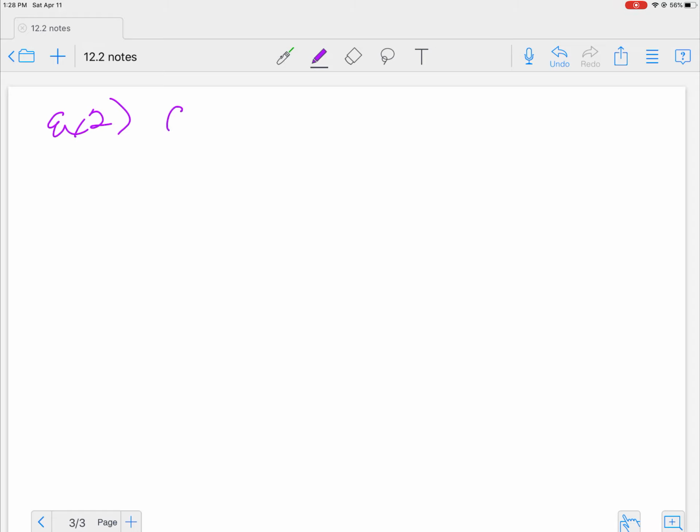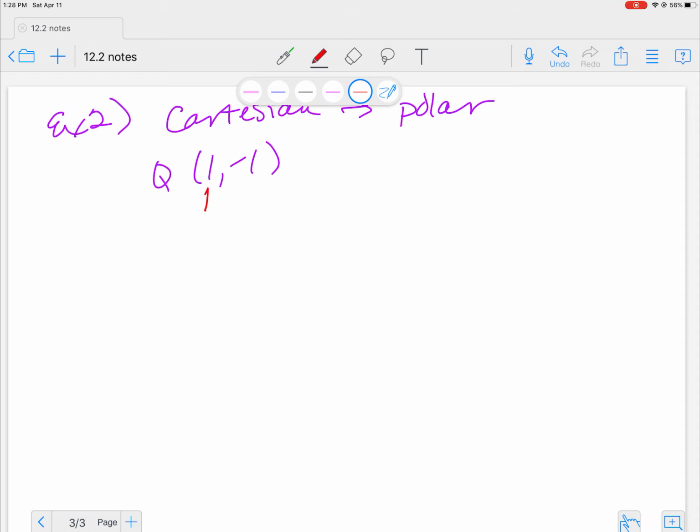Example 2 also. Cartesian, and switch that over here to polar. So I have the point 1, negative 1. So my point here of 1, negative 1, this is the x and this is the y. So my converter, x squared plus y squared is equal to r squared.